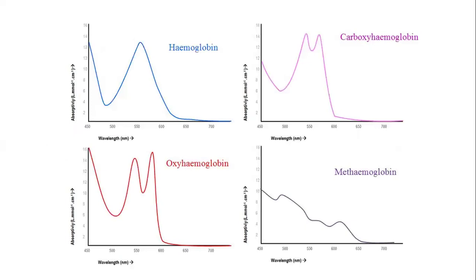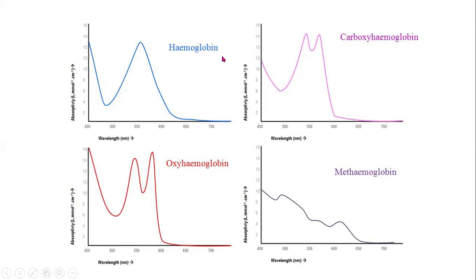We can also see a shift of absorption maxima that is observed with hemoglobin. You can see the normal chart here: when hemoglobin is intact, there is no alteration in the structure of the hemoglobin, and we can see the highest peak that is observed here.